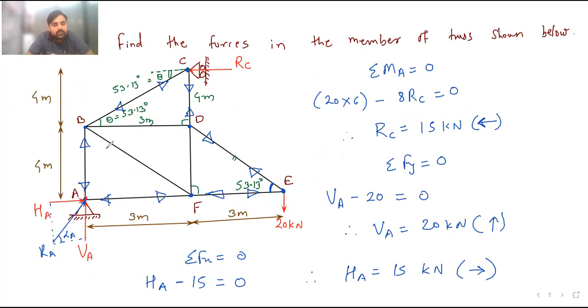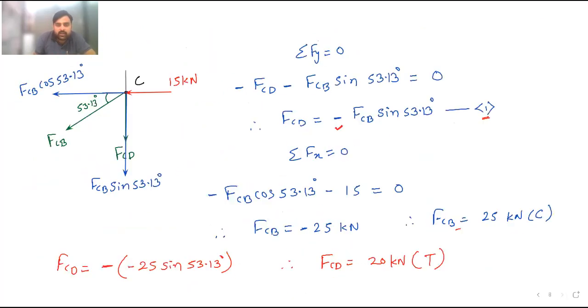Okay. Now you can go for joint F. If you solve the joint F, then you will get the forces in member FB and FD. And when you solve the joint D, then you will get the force in member DB. Okay, force in member DB. So take joint D. Consider free body diagram of joint D. Okay. So if you consider free body diagram of joint D, then what you will get?